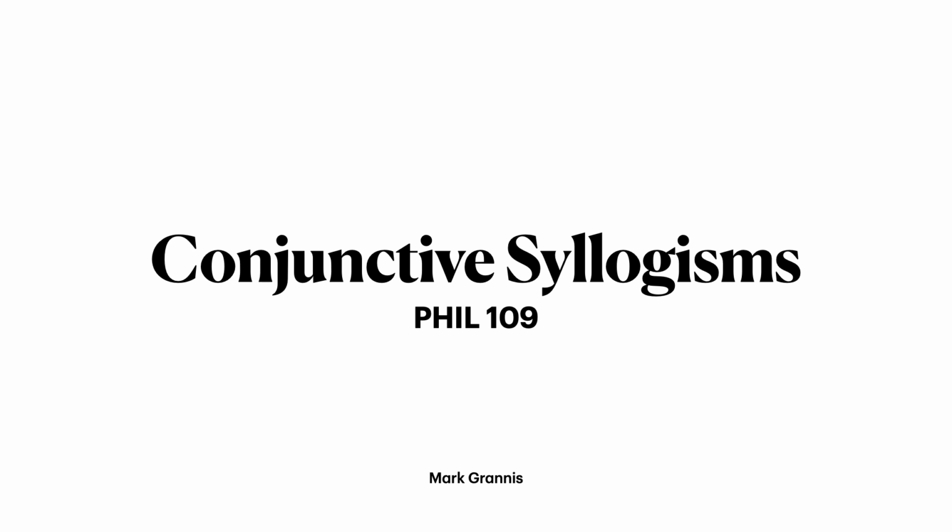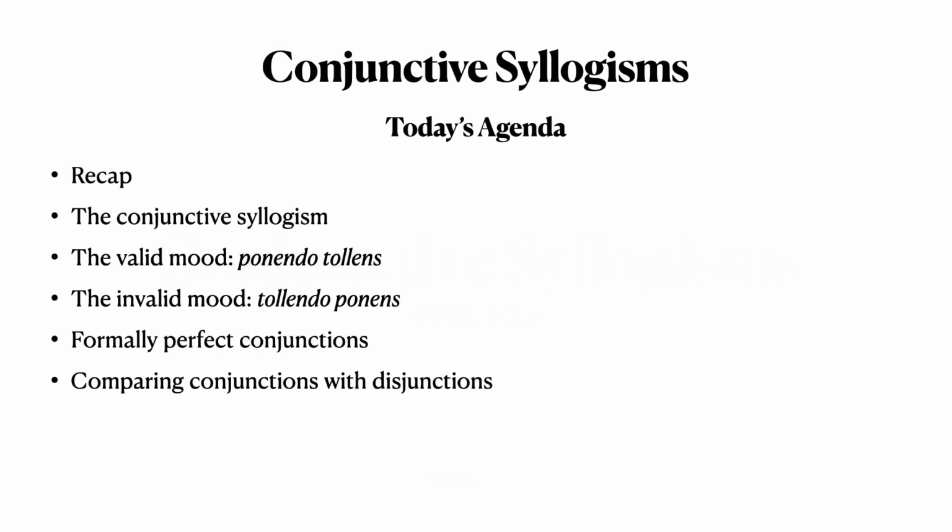This is the last new unit, or new section, of Chapter 8, so it will conclude our discussion of compound syllogisms. We'll begin, as we always do, with a recap of where we've been up to this point in the chapter, and then I'll introduce the conjunctive syllogism, the third of the three compound syllogisms we've learned about in this chapter.